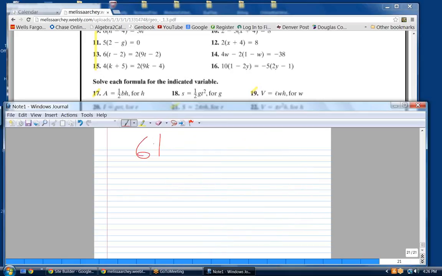6T minus 12 equals 18T minus 4. Okay, and the next line, do both steps in one. 12, so that is, hold on, 24T equals 8. We got 6T minus 18T.